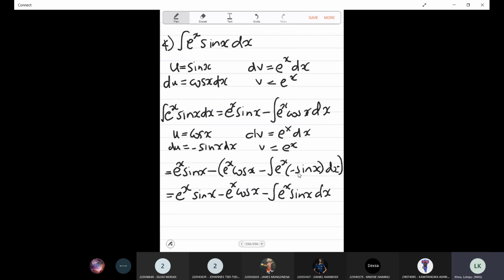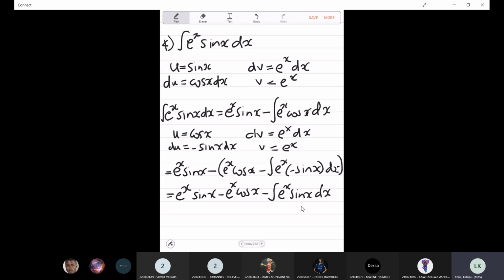Okay, so looking at this, it seems like our integral will never end because this is e sine x, and then next I can see the pattern that after this, if I use by parts again, I will have e to the power of x cos x and then e to the power of x sine x.